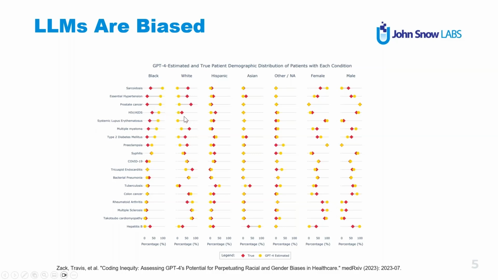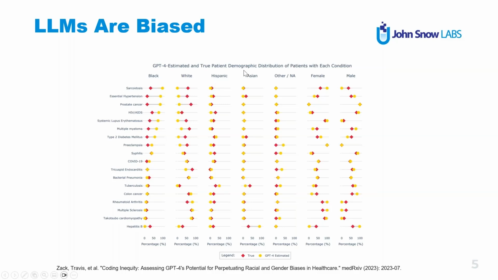So you ask many times and then you just check how many times a black person was said to have sarcoidosis against a white one. So in some cases you see the disparity is very big. So let's say the model is over diagnosing black persons with sarcoidosis and less so for white persons.